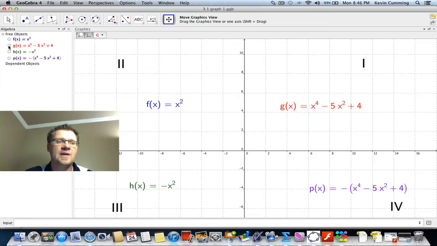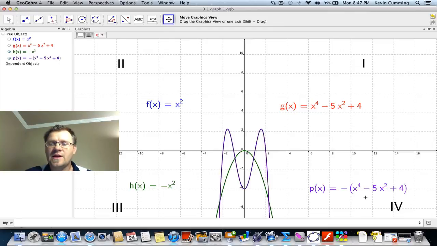Now, if I just take the negative of those two functions, so negative x squared, that's just an upside down parabola, it starts in 3 and ends in 4. If I take the negative of our g of x function, so negative of x to the 4th minus 5x squared plus 4, I notice that it too starts in 3 and ends in 4.